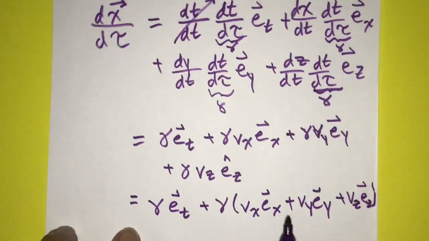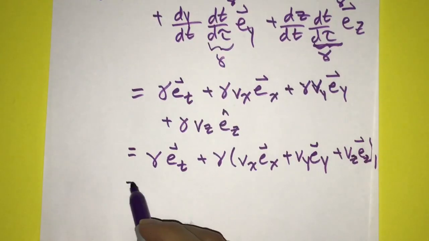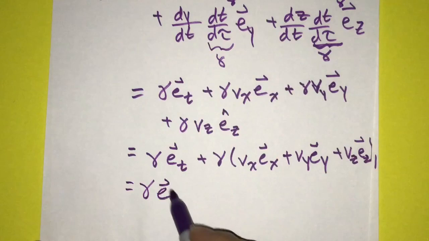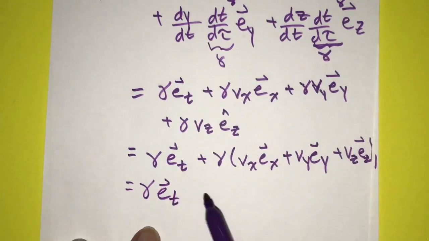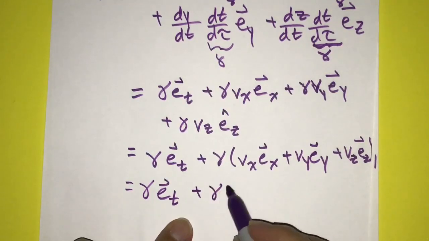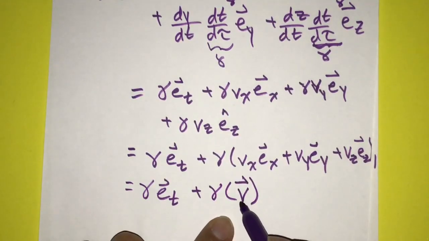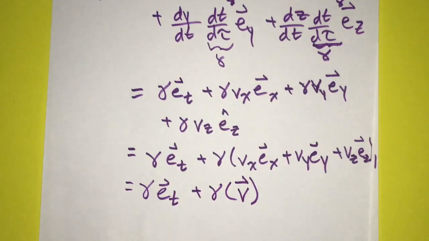That's just our velocity. So we can write gamma, and this is our time component, plus gamma times our velocity, and this is our space component of velocity.